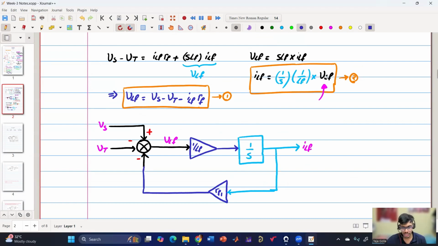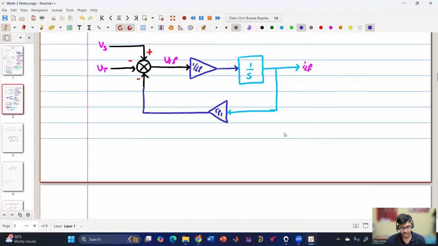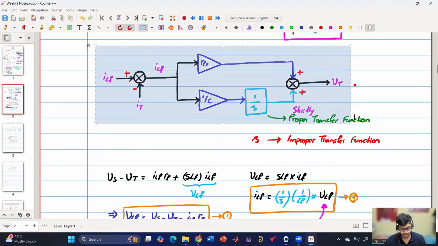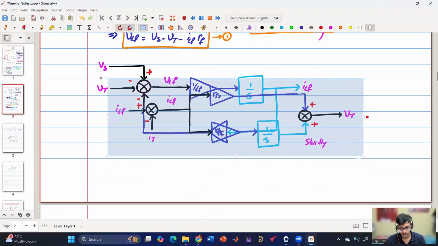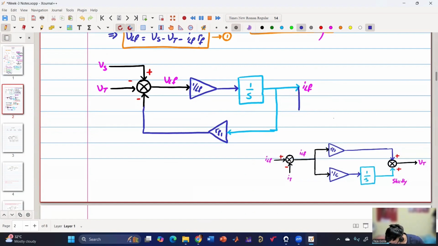So now I have checked what is VLF. I got VLF, then from VLF, I got ILF. Then whatever terms are dependent on ILF, I have supplied. So now this ILF can go here. Basically, we can combine this and we can combine that. If I take this and keep it here, this will complete.